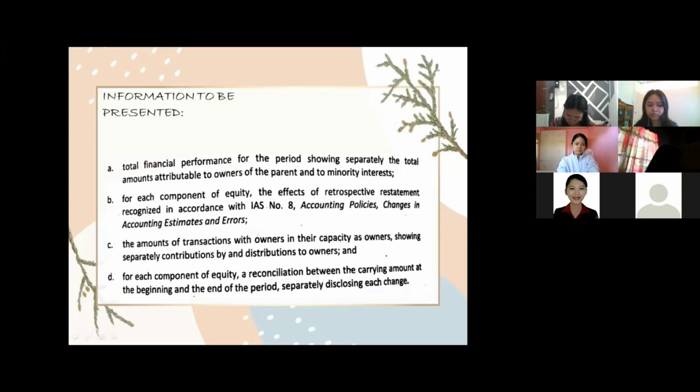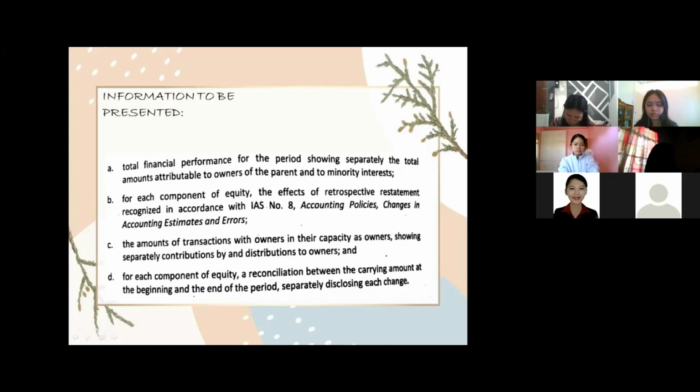Information to be presented. A, total financial performance for the period showing separately the total amounts attributable to owners of the parent and to non-controlling interest. B, for each component of equity, the effects of retrospective restatement recognized in accordance with IAS number 8, accounting policies, changes in accounting estimates and errors.